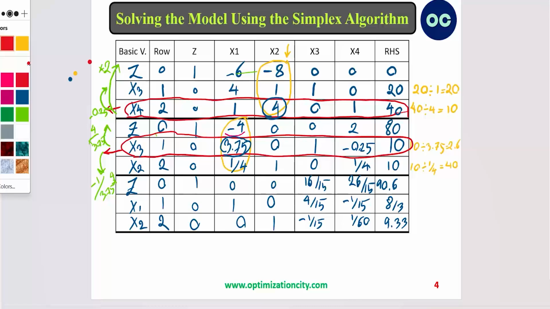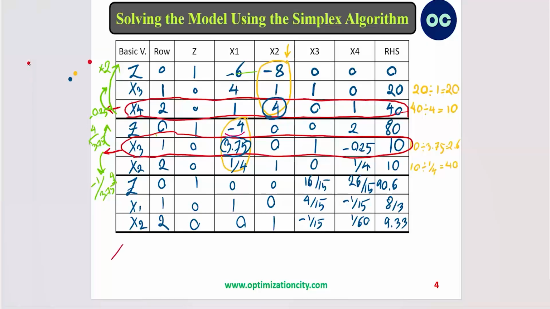What is the optimal solution? The optimal solution is x1 is equal to 8 over 3 and x2, sorry, x2 is equal to 9.33, and the objective function is 19.6.